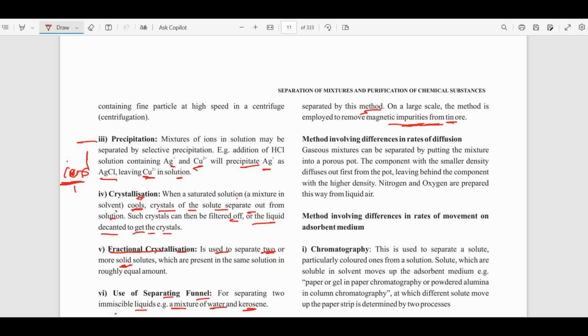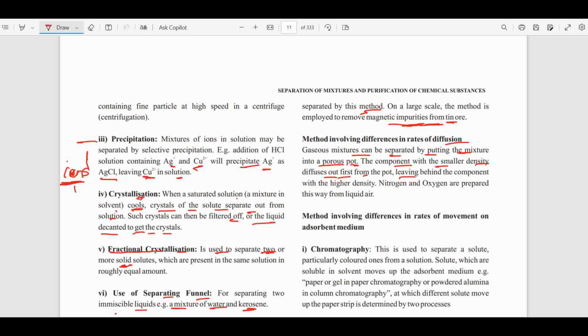So we have another method that involves differences in rate of diffusion. So gaseous mixtures can be separated by putting the mixture into a porous pot. The component with the smaller density will diffuse out first, right?